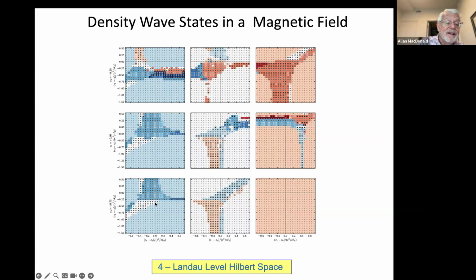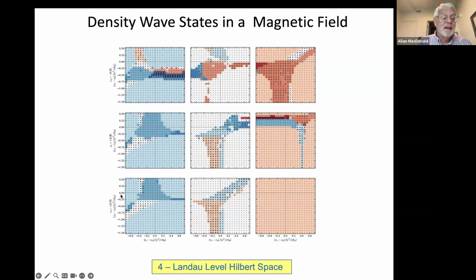Again, if the third Landau level is higher in energy, then the phase diagram is basically unchanged. But as it becomes smaller, it starts to change. One thing I should have emphasized earlier is that in order to become active, the energies of the higher Landau levels have to be lower, because those electrons are basically fatter and harder to localize.